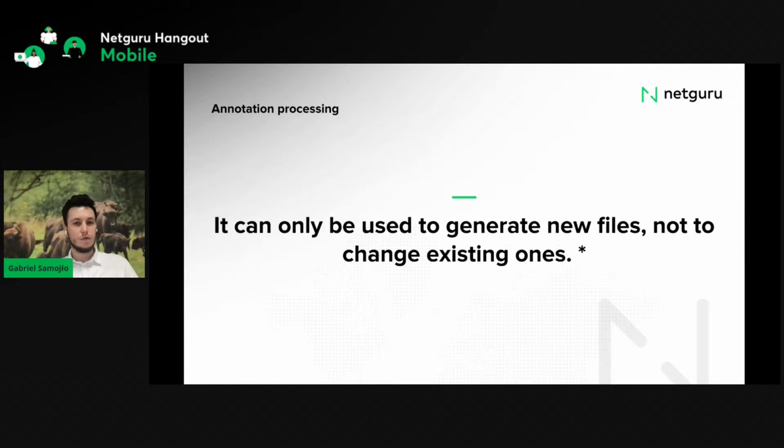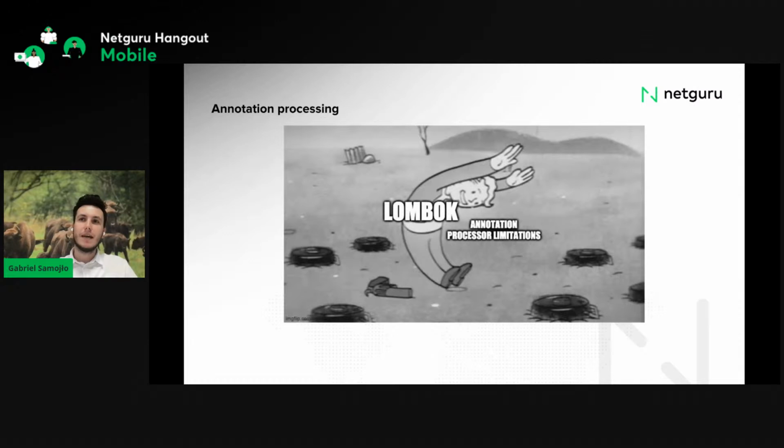Lombok was able to modify existing files, but it was really avoiding the annotation processor limitation only because it has a compiler plugin, and this plugin was responsible for, let's say, merging those files into one, right?